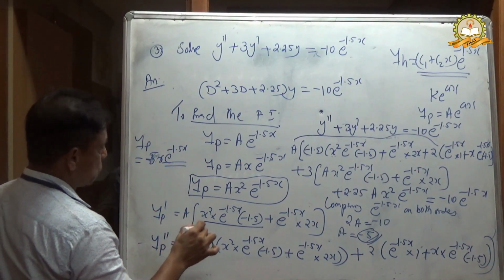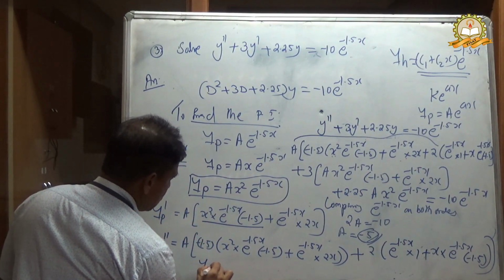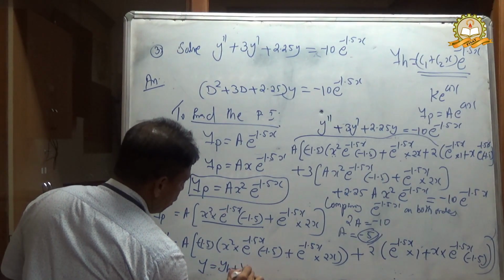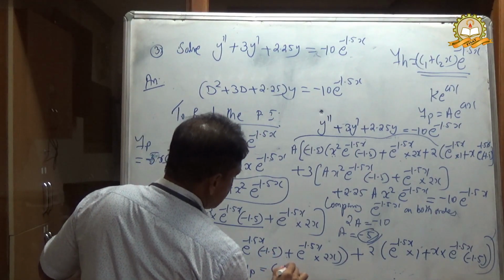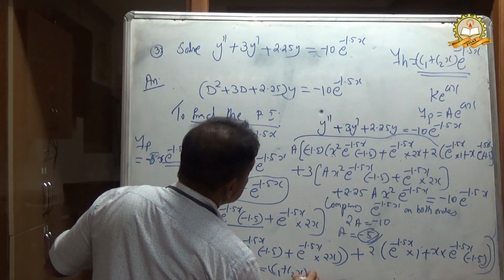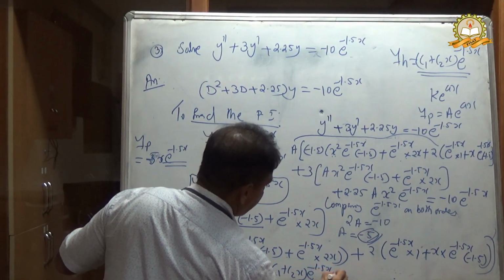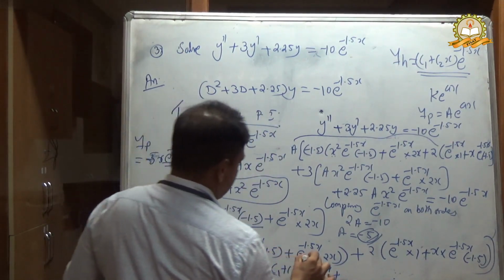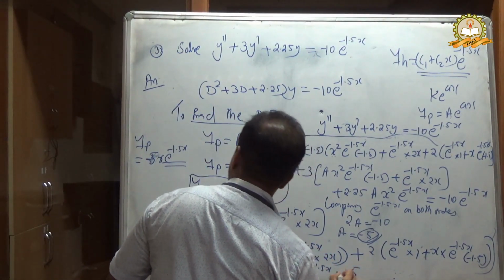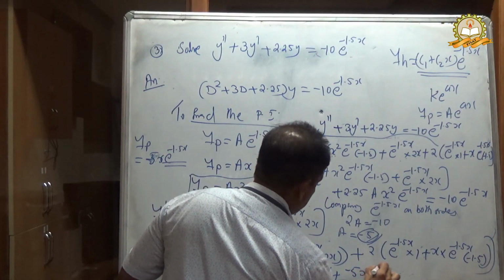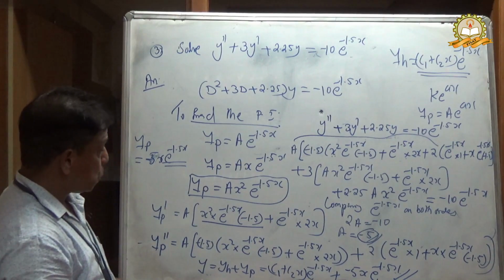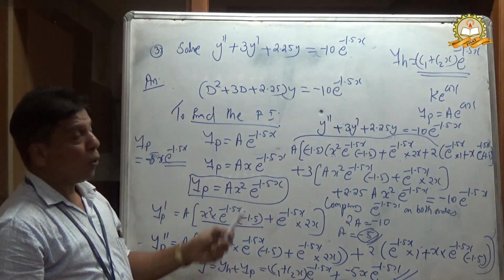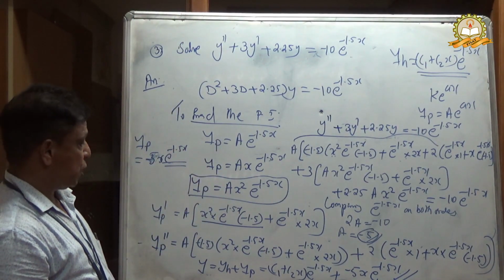Our final solution y is equal to yh plus yp. yh is equal to (c1 + c2 x) e^(-1.5x), plus yp, which is -5 x² e^(-1.5x). This is the final solution of the second order non-homogeneous ordinary differential equation.